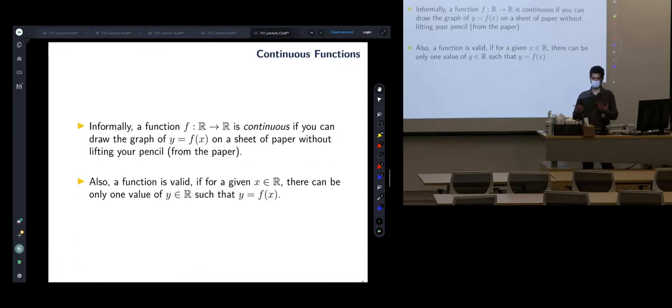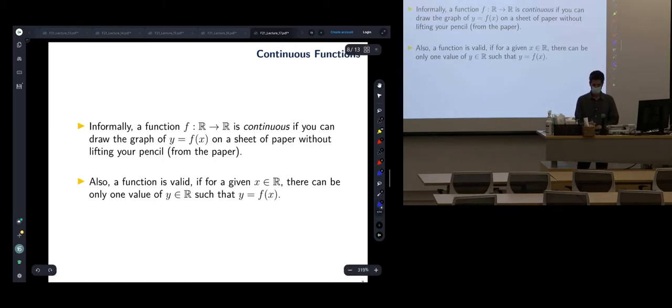We need another notion that in a calculus course they will cover in detail, taking the limit, left, right, and all of that. Very informally, your function takes a real number and gives you a real number.